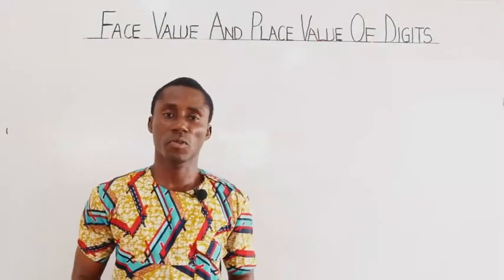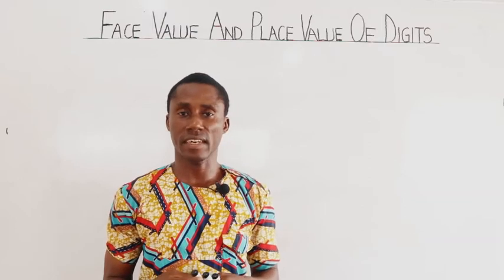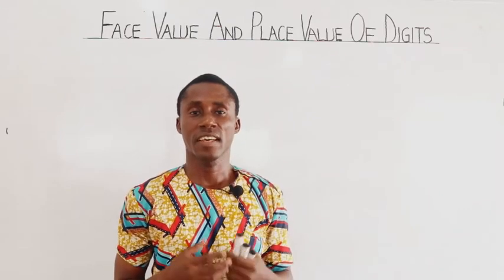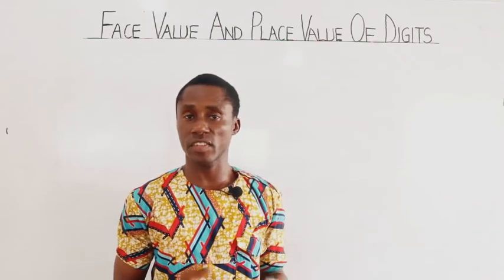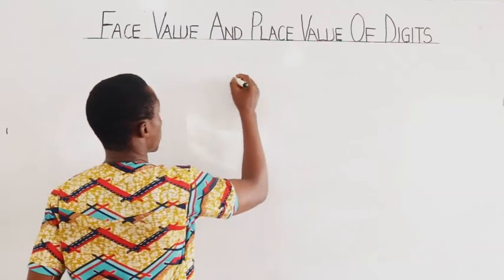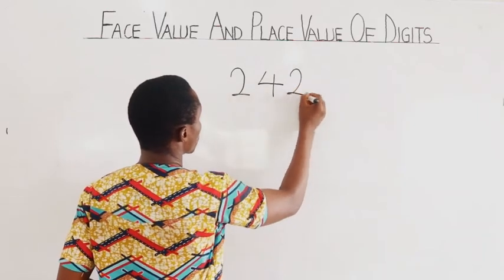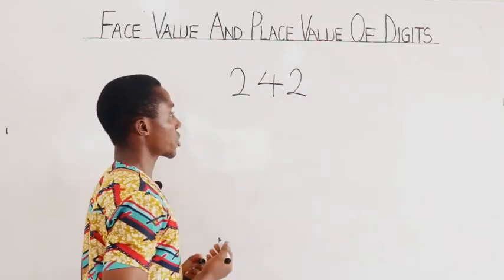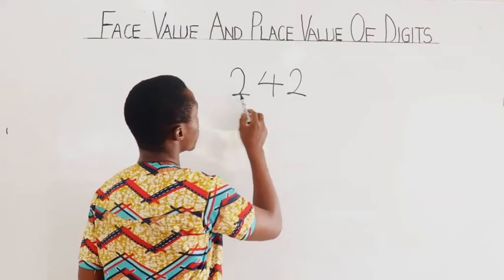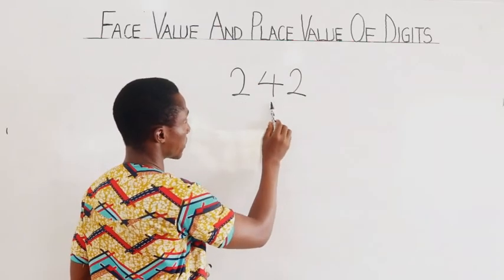So now let's look at a situation in which a digit is repeated in a number. So let's take, for example, 242. And the question is, find the place value of each digit in the number 242.